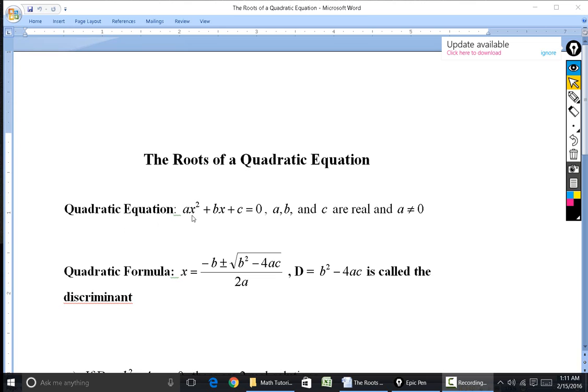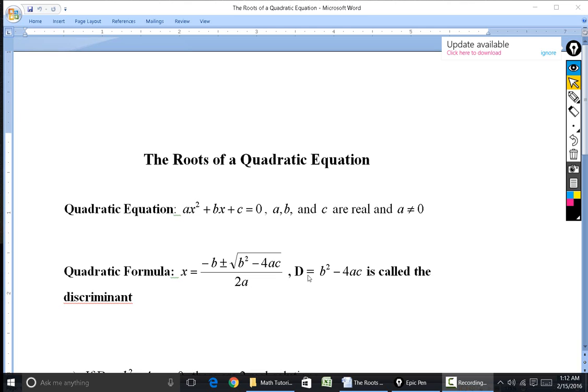So if you have the quadratic equation in this form, one side is 0, you can find the roots or solution of the equation by plugging in the values of a, b, and c into this formula. So the value of x will equal the negative of whatever b is, plus or minus the square root of b squared minus 4ac, where again you take the values of b and a and c from the equation, and this is divided by twice the value of a.